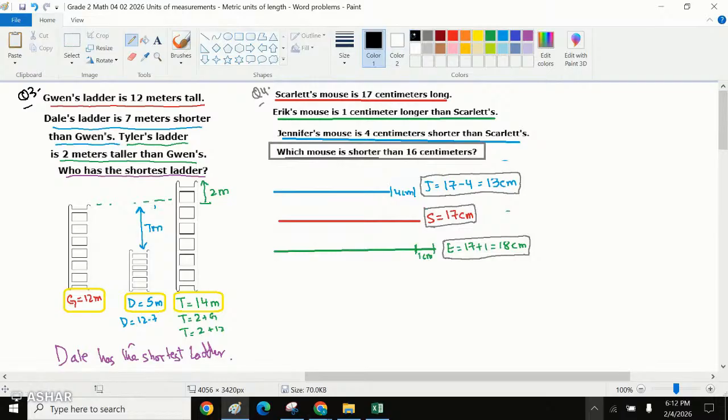So as per the question, Jennifer's pet mouse is shorter than 16 centimeters. Yes, thank you, Precious. Thank you, Tess.